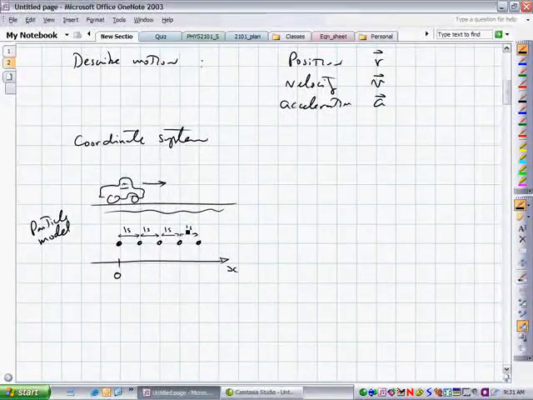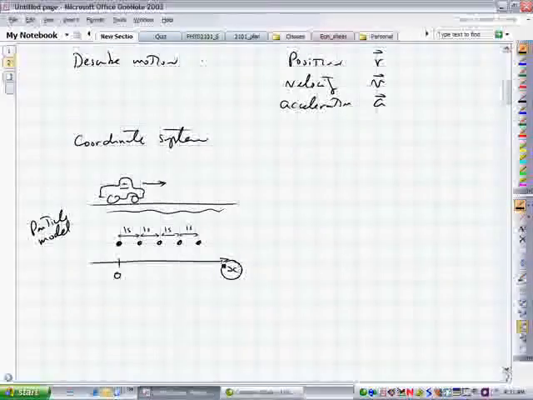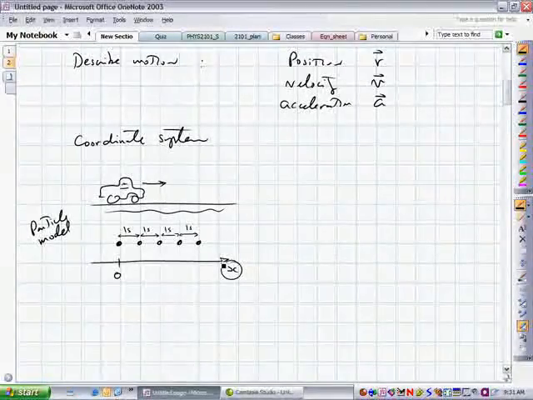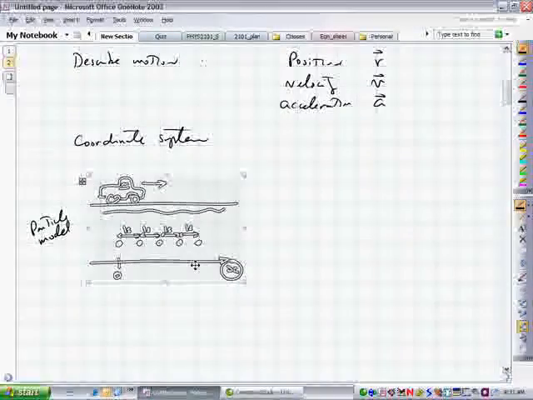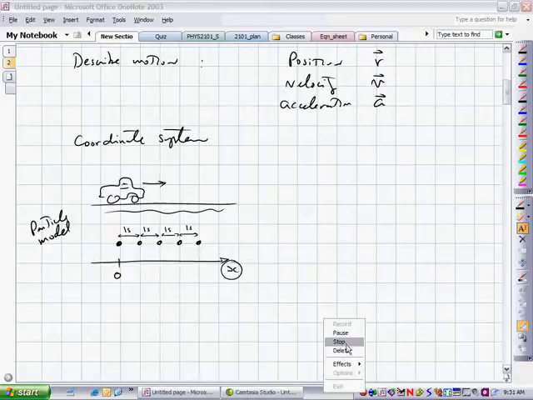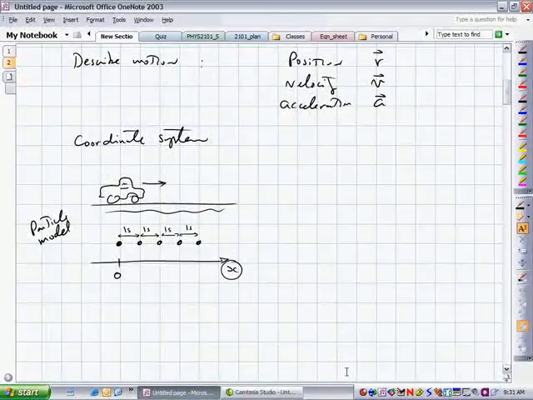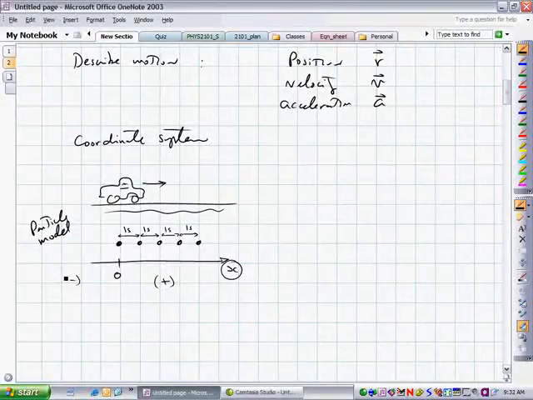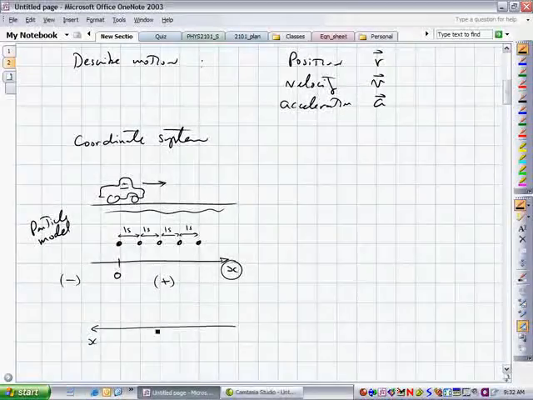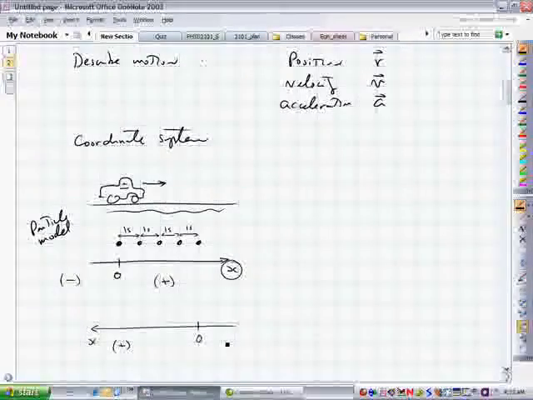Now, in the x-coordinate system that we've shown here, anything to the right of the origin has a positive x value, anything to the left has a negative x value, and had you chosen your x-coordinate to be pointing to the left, this is your origin, and anything to the left of the origin would have had positive value, anything to the right would have had negative value.